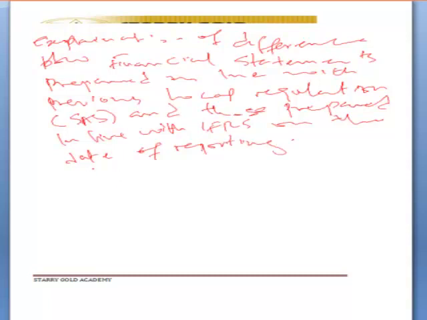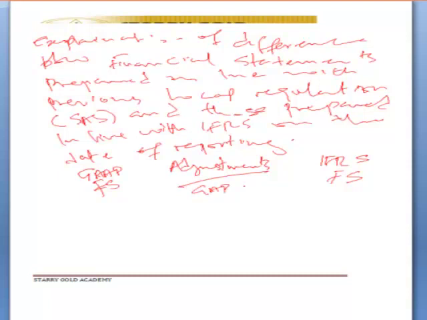So gap analysis looks at the adjustments. By the time you look at the previous GAAP financial statements, you have adjustments, then you have the IFRS financial statements. The adjustment between this and this is what you call your gap analysis.